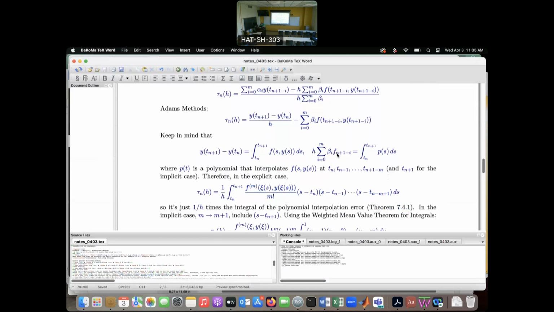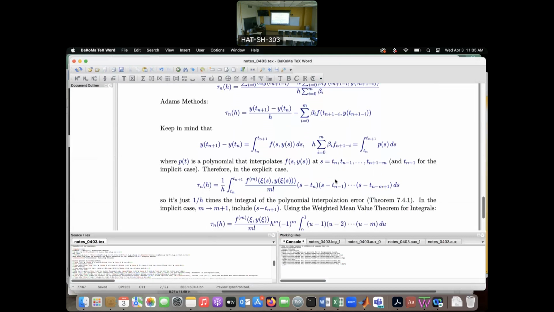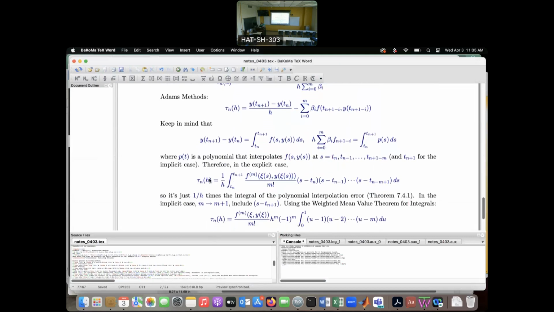That comes from interpolating f by these values at these times. Actually, let's make it a little clearer. It is s equal to all of these values. So now we have a more useful expression for local truncation error.